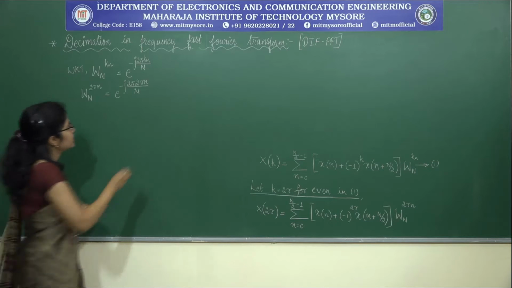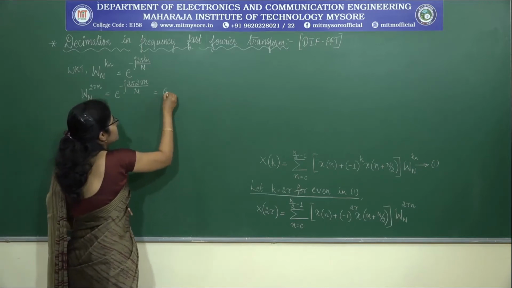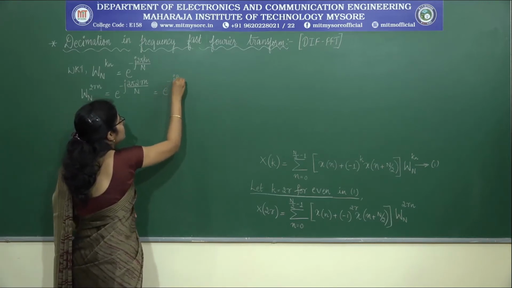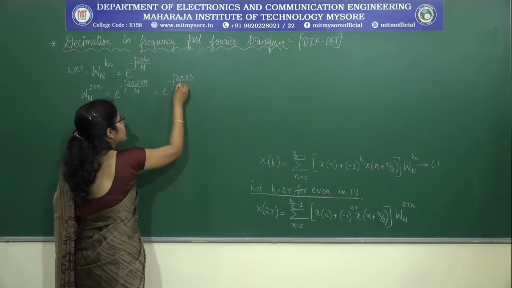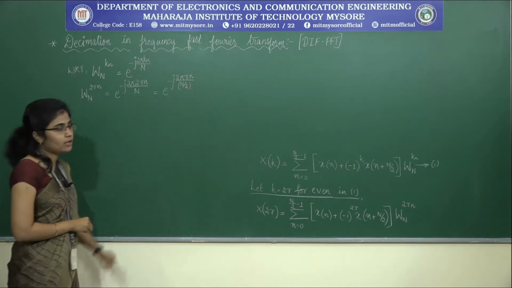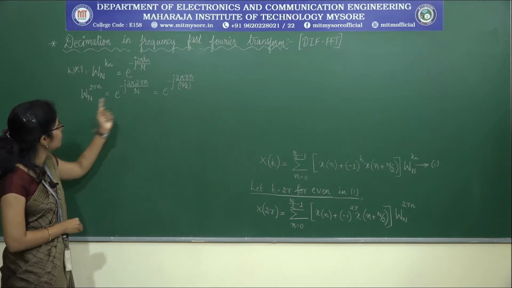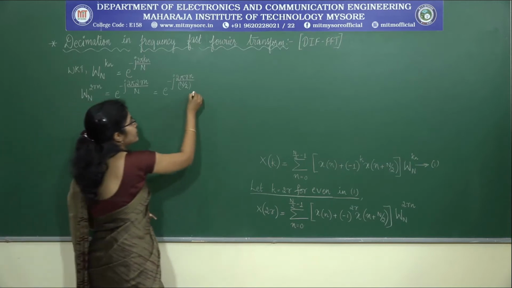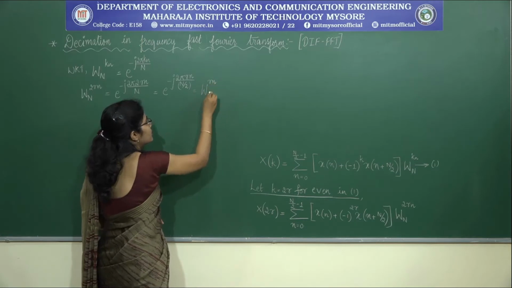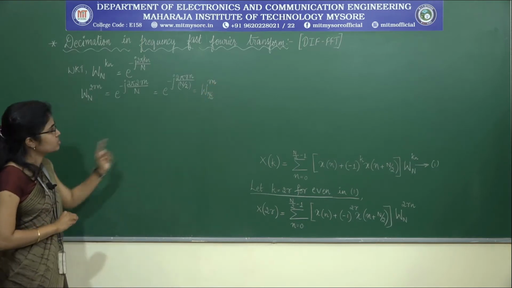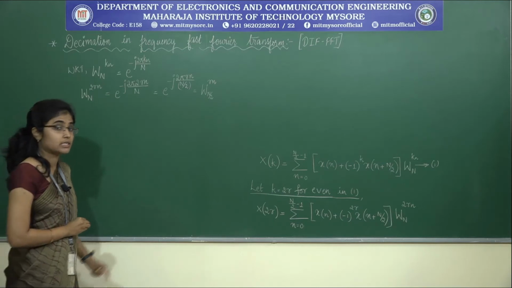So I can write this as e power minus j 2 pi rn divided by n by 2. Now if I write this in terms of the twiddle factor, we can write it as omega n by 2 to the power of rn. Okay. So this is one substitution which we can take.